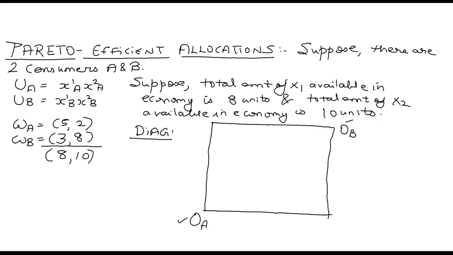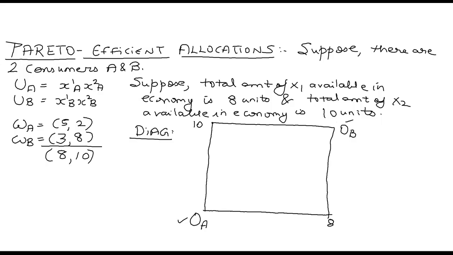Now from A's origin, this is 8, and this is 10, because my horizontal axis denotes the amount of good 1 available in the economy and the vertical axis denotes the amount of good 2 available in the economy.